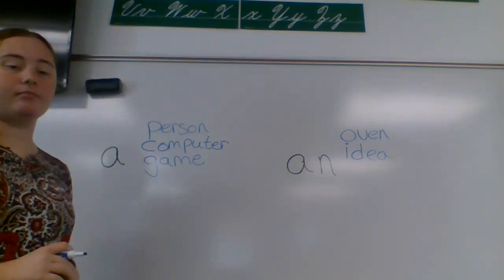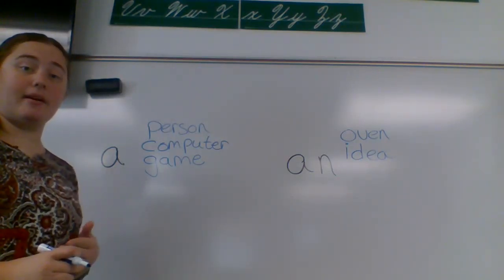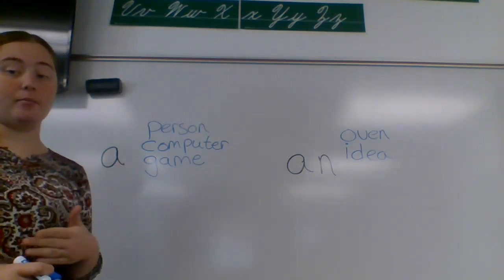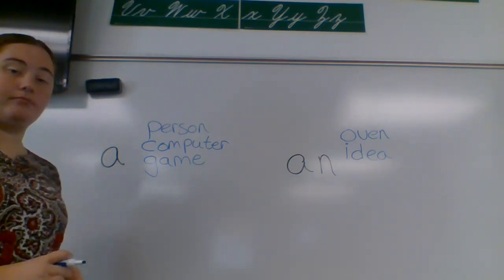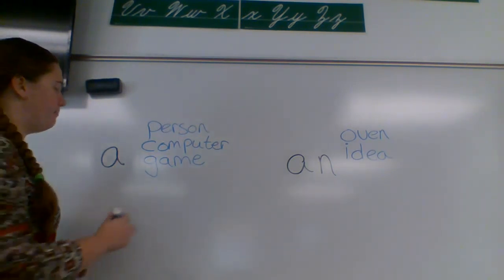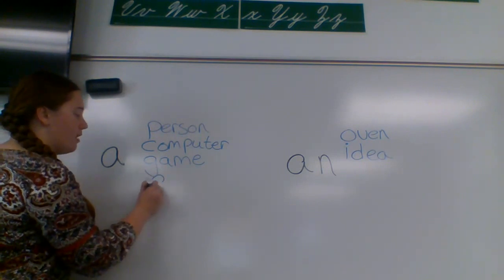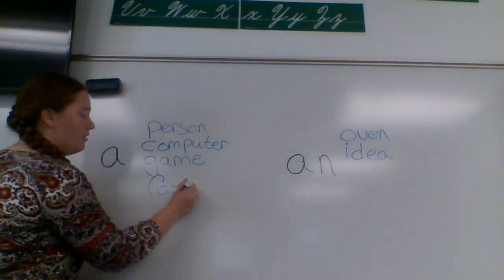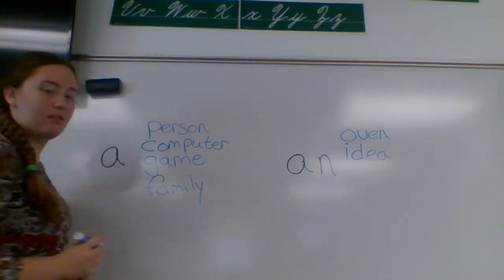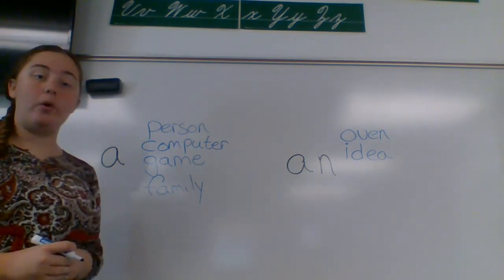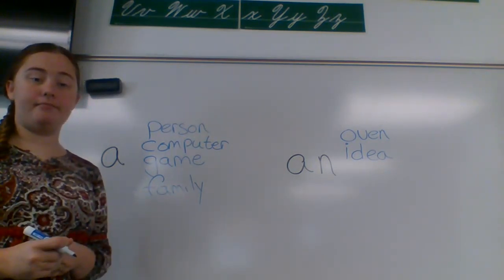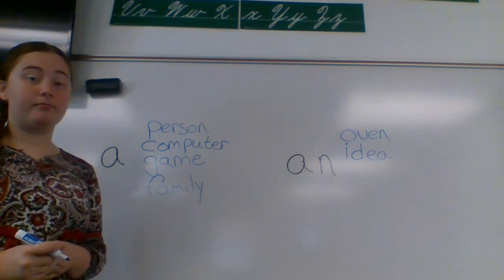An idea. What about family? Am I going to say a family or an family? Right, a family. Family starts with an F, it's a consonant. What about the word office?